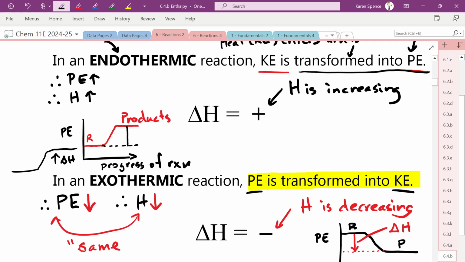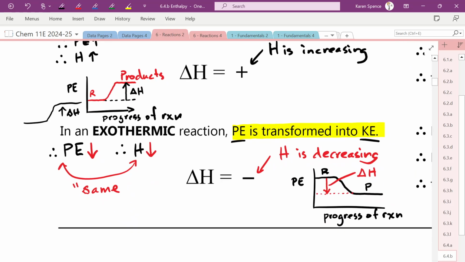So for delta H for this one, should the arrow point up or down? Up. Okay, that's our delta H, change in enthalpy. It has to go from the reactants to the products.